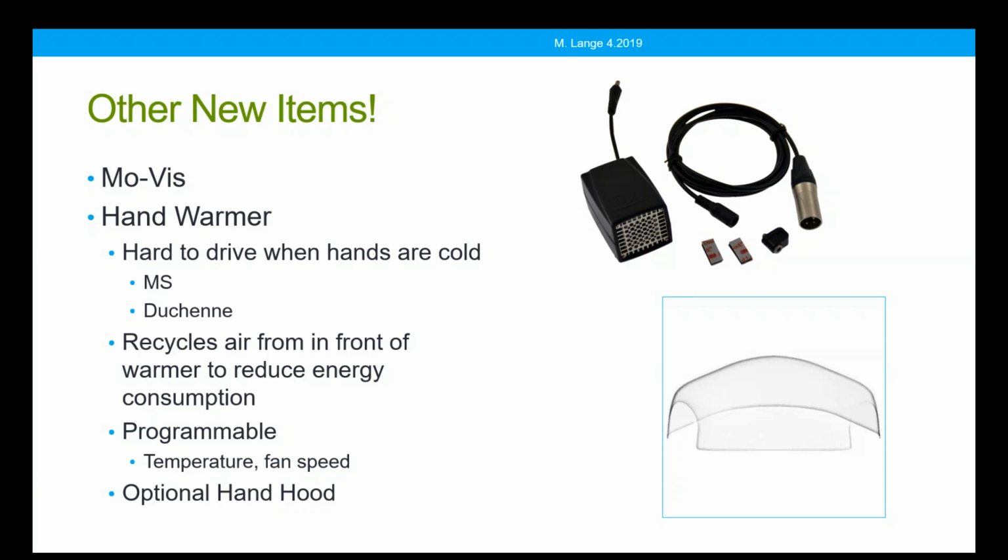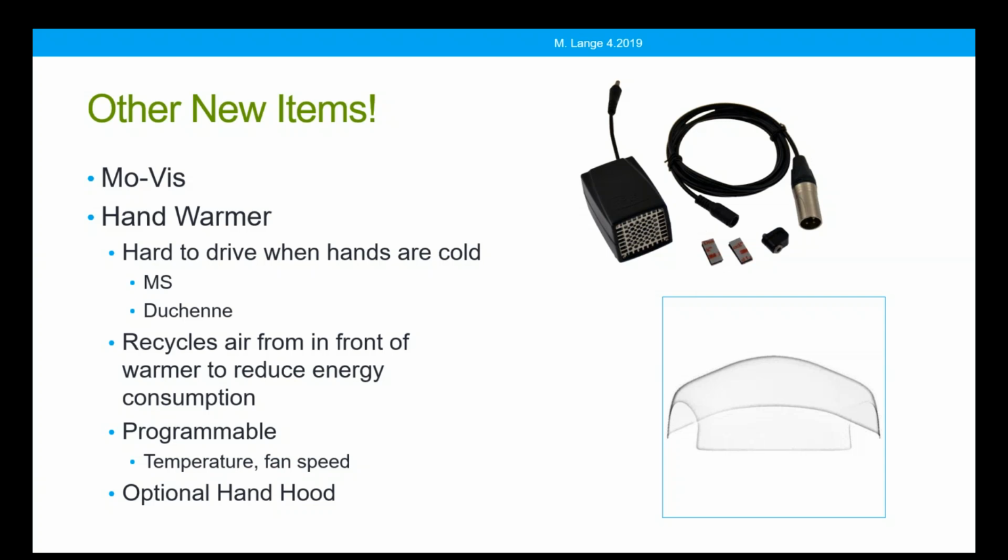To get this funded, it's really important to stress the medical reasons why this person's diagnosis leads to difficulty with function, a decrease in function within a cold environment. One of the nice things about the Movis hand warmer is it recycles air from in front of the warmer so that it's not constantly heating up cold air from around the joystick.